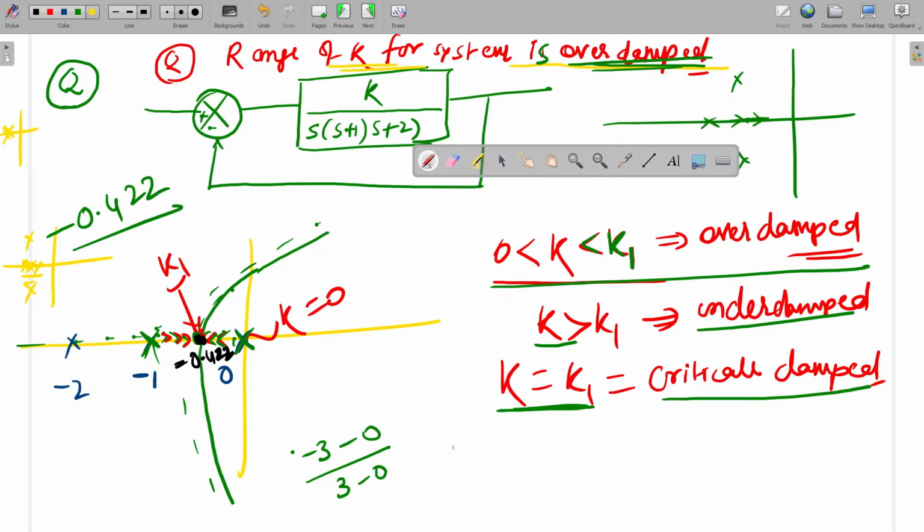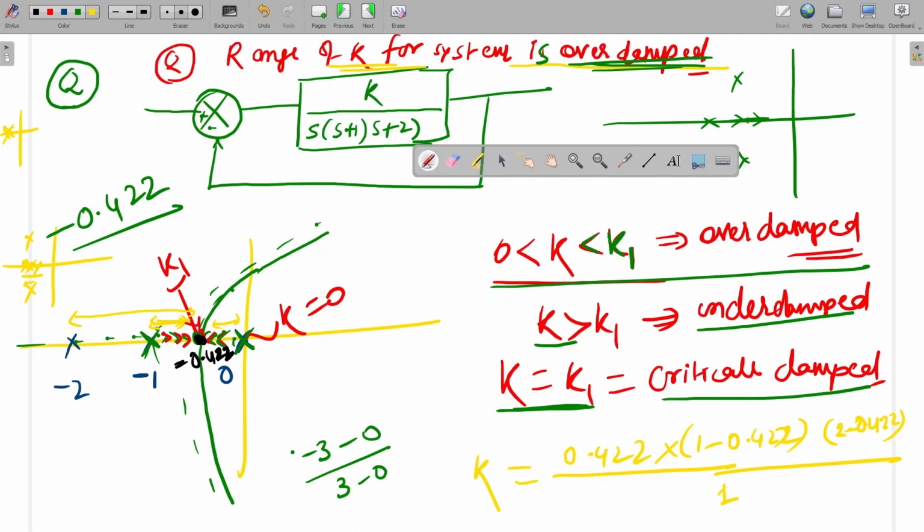See, I have already told this formula. K is equal to the product of distances from all the poles divided by the product of distances from all the zeros. So this distance multiplied by this distance and this distance. If no zero is there, then that will be 1. So this distance is 0.422, into 1 minus 0.422, and the third one is 2 minus 0.422, divided by 1.